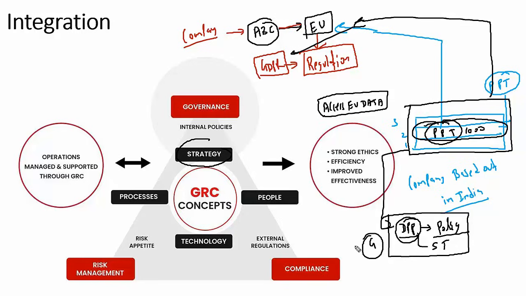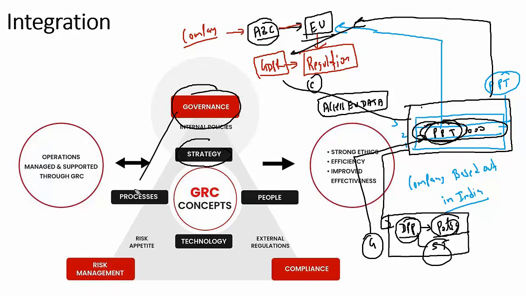He understands the need of the EU, and the need of the business. For the company, the business is to comply with the GDPR requirement. Based on that, he created a policy and a strategy. Based on that, he conducted a risk assessment in this area, just to make sure we can comply with the GDPR requirement. So that is how governance introduces the policy and the risk assessment, to make sure we comply with the legal regulatory requirement.